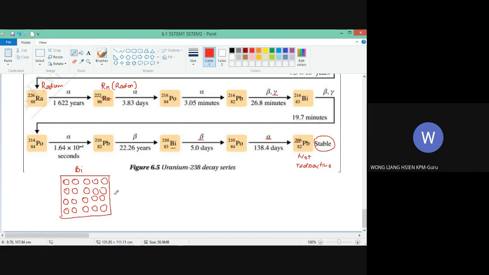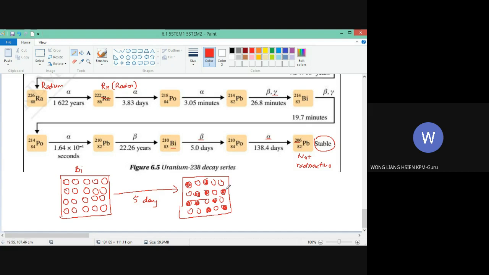Okay, so after 5 days, half of this bismuth will decay. That means maybe this one, this one, in the 5 days, decay. For example, these will decay and become polonium.